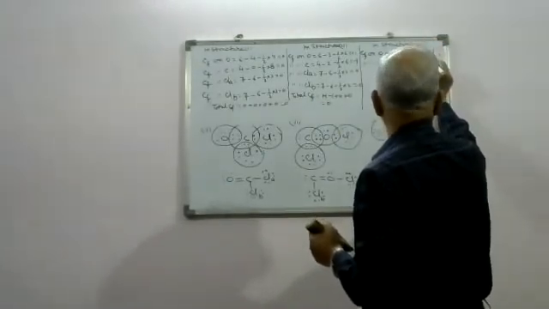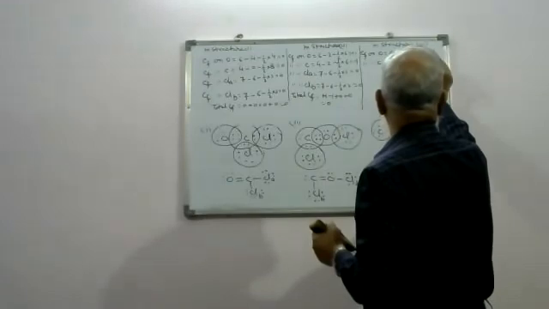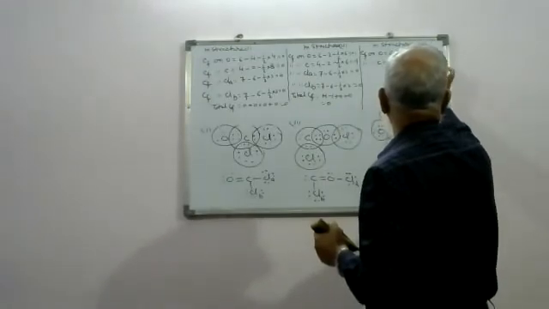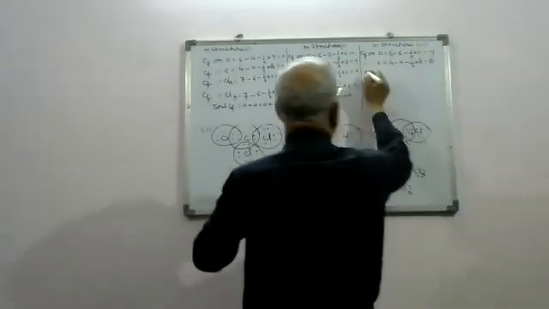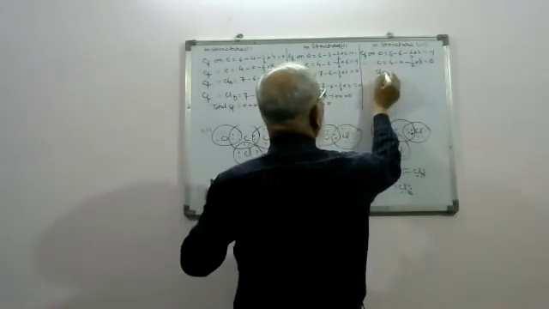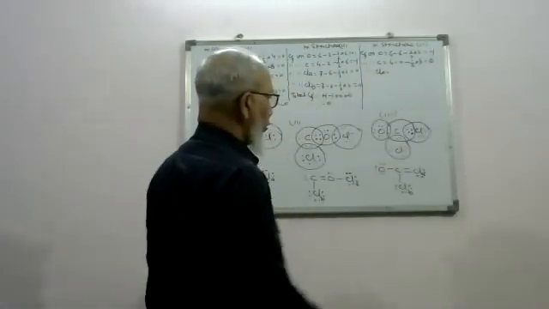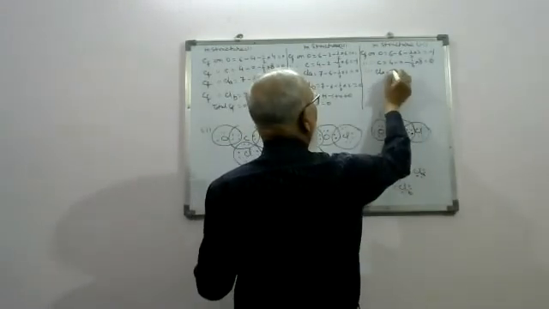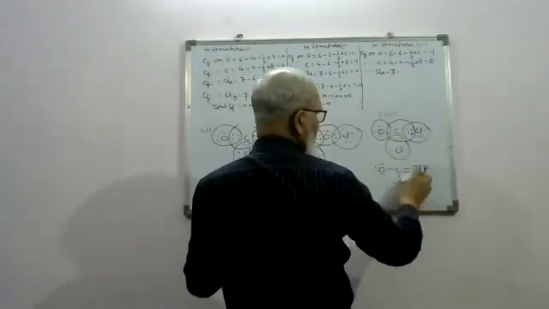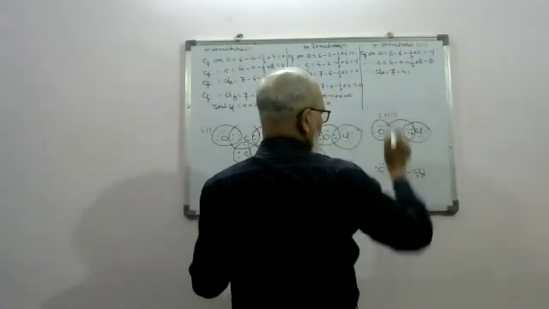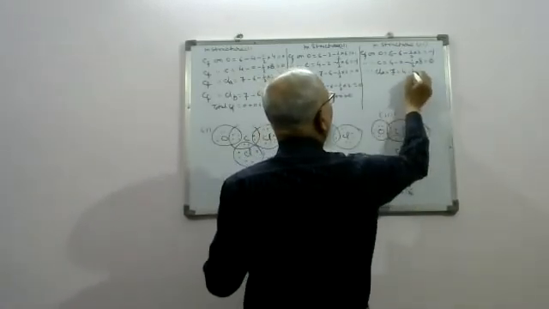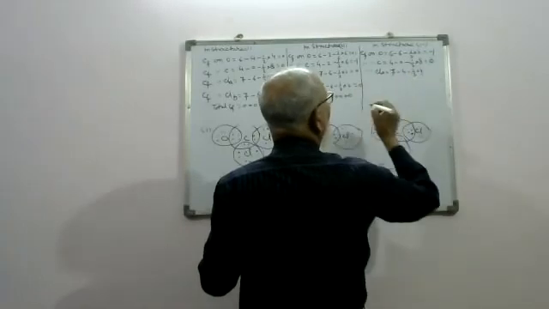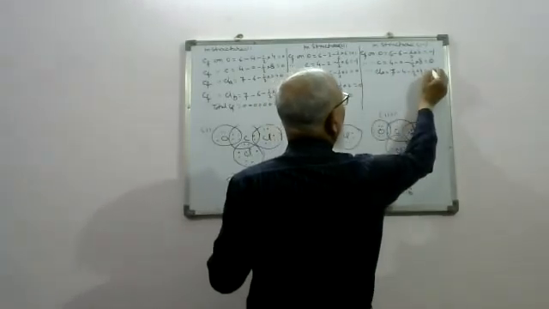This is equal to 4 minus 4, 0. FC on ClA. This is your ClA. So this will be 7 minus unshared 4 minus shared 4, 1 by 2 into 4. This will be equal to plus 1.